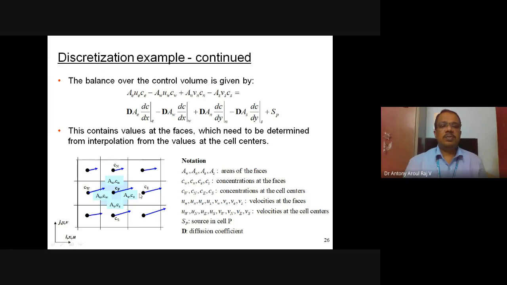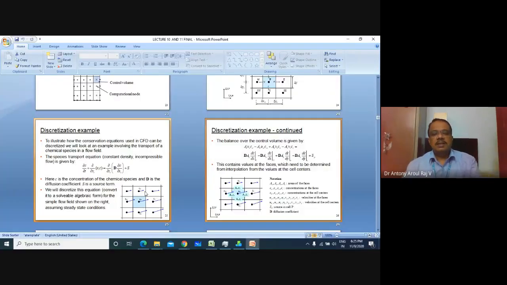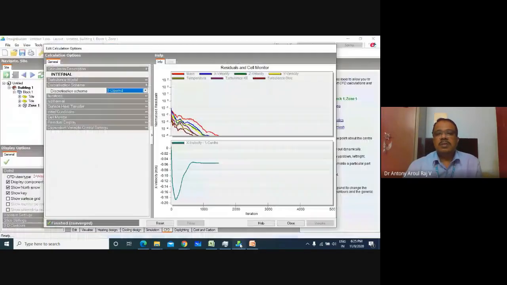In the DesignBuilder solver, we have power law scheme, upwind scheme, and hybrid scheme. Only 3 schemes are given, but we have studied more schemes. No problem. Next, we will go back to DesignBuilder and post process and see.